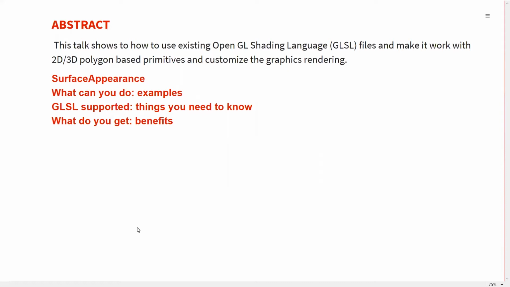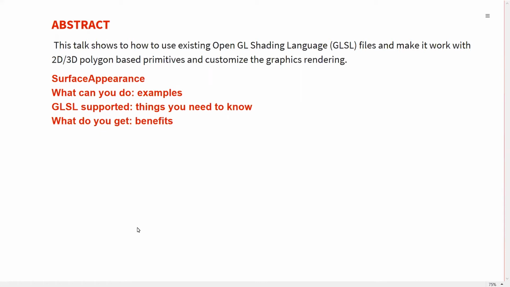So what is surface appearance? It's a little bit different from the previous features we had. The previous features either let the user pass in a collection of data, for example positions, colors, normals, or predefined behavior, a certain light or certain shape.